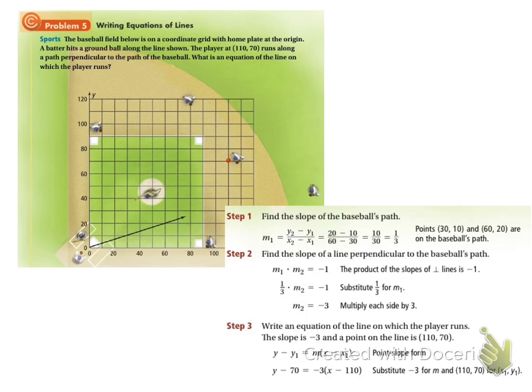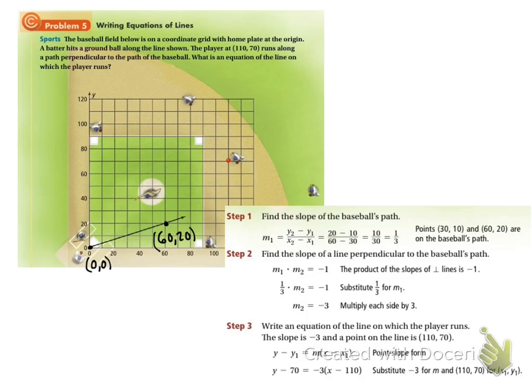Basically, I'm going to use this point they give me, and I need to figure out perpendicular to this line. So, I can figure out this slope by either counting it or by taking those 2 points. So this is a point 0, 0. Well, they took 2 different points, but we're going to take these points. And 60, 20.